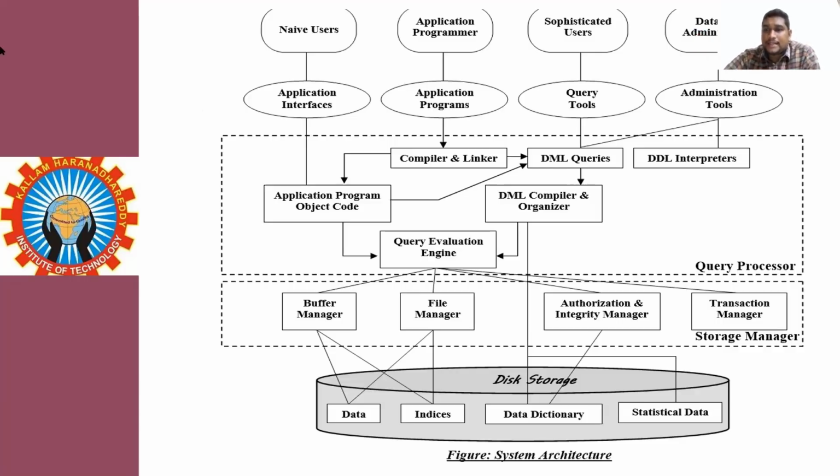The DBA is a person who takes control of all these three persons and all these things: the query processor, storage manager, and disk storage. He interacts directly with all the levels, because he is a logical person that we cannot see.